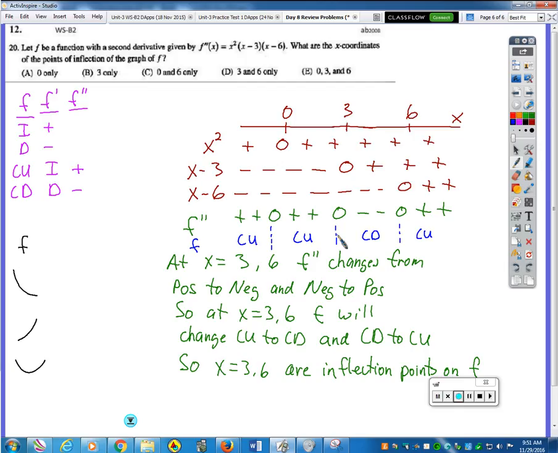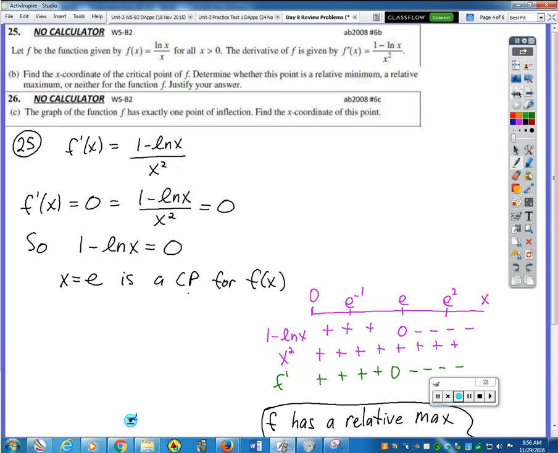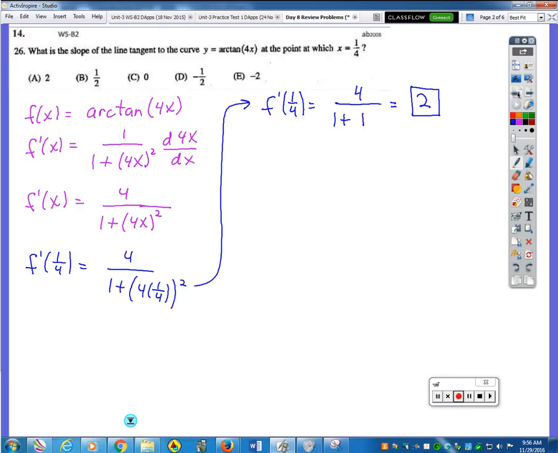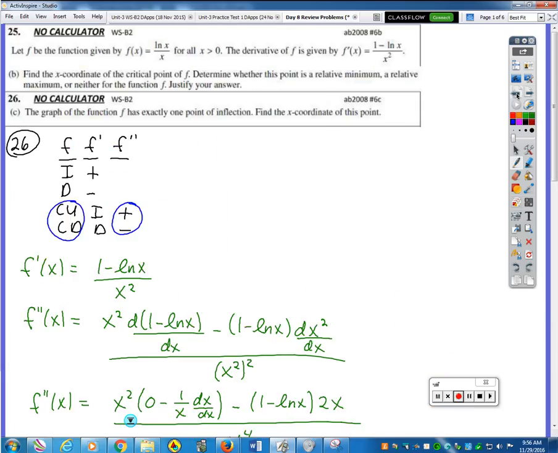26. Okay, everyone, concentrate. 26 is not a hard problem, but it does have a lot of steps.